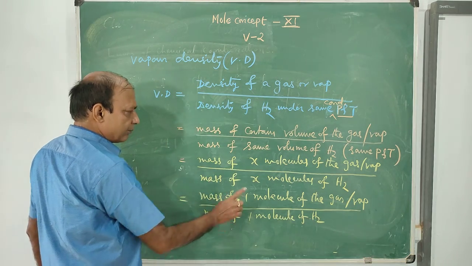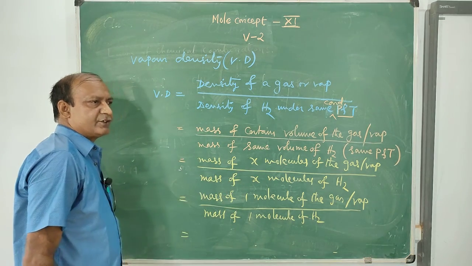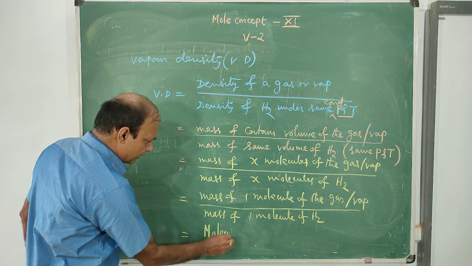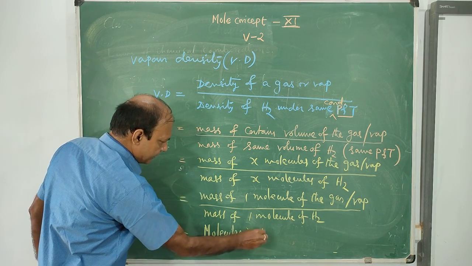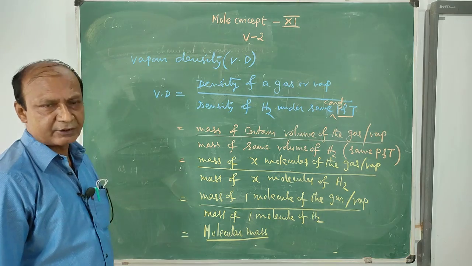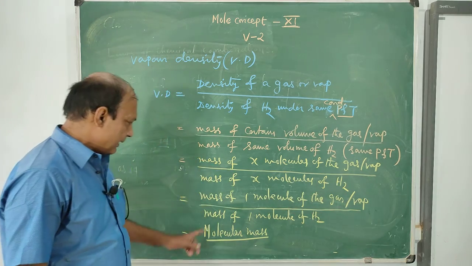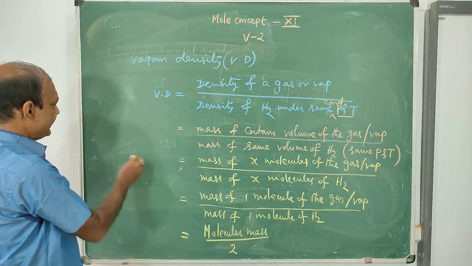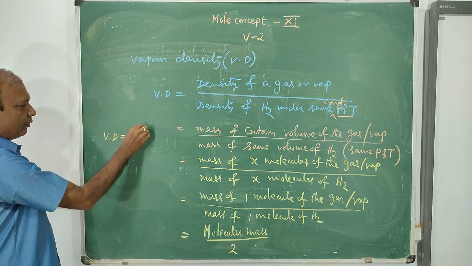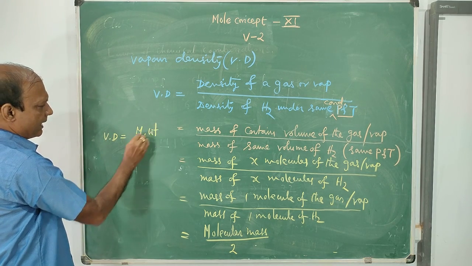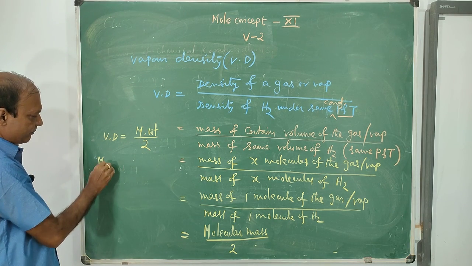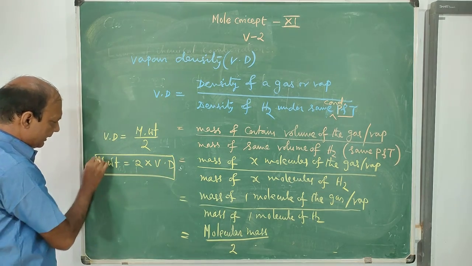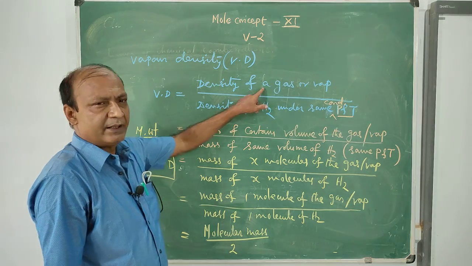Now you know that mass of one molecule of a gas or vapor, strictly speaking, is molecular mass of the gas or vapor, and mass of one molecule of hydrogen is equal to 2. Therefore, the relation is vapor density equals molecular mass by 2, or you can write molecular weight equals 2 into vapor density. Remember, vapor density has no unit because it is the ratio of two densities.